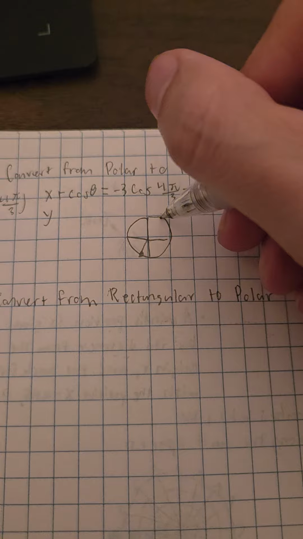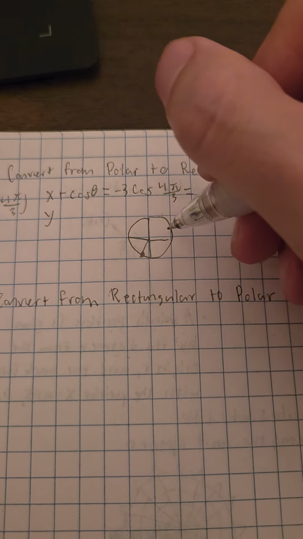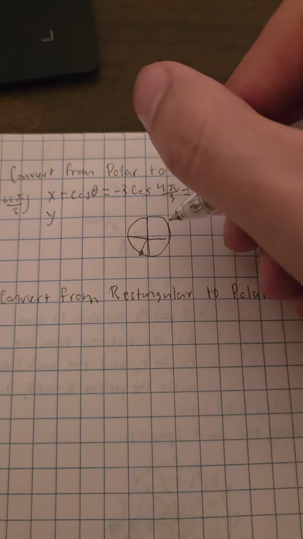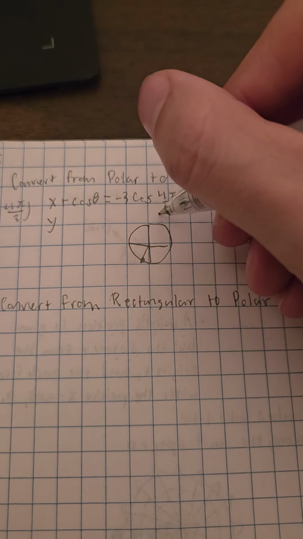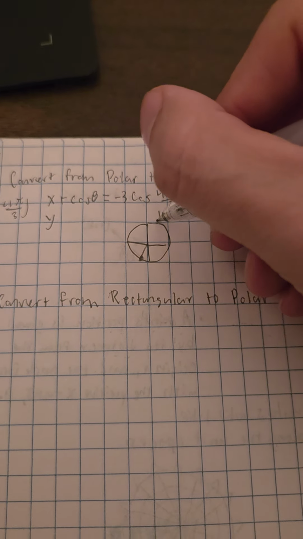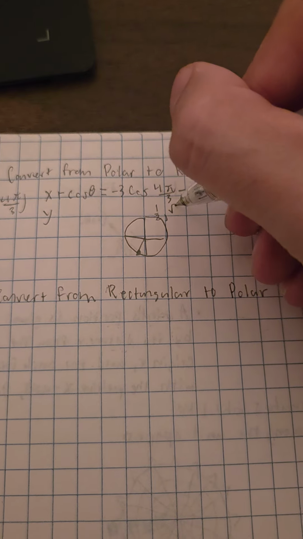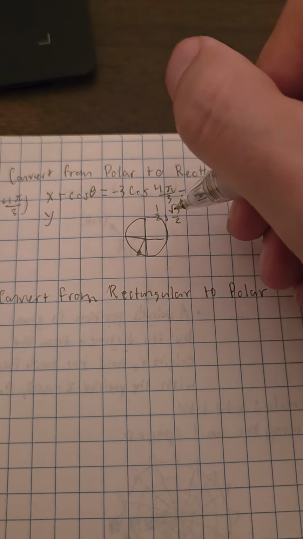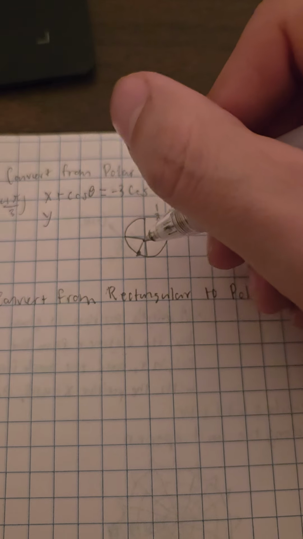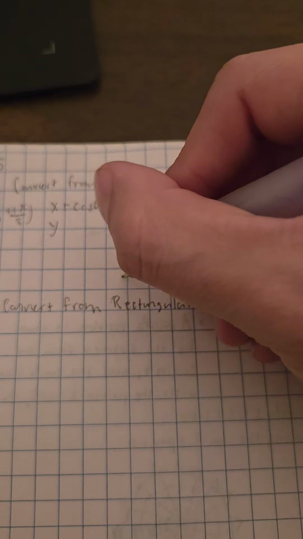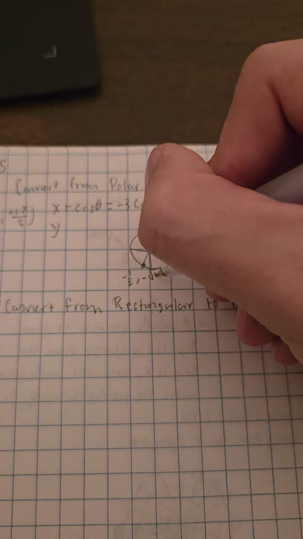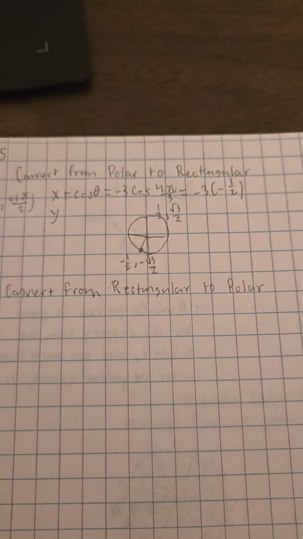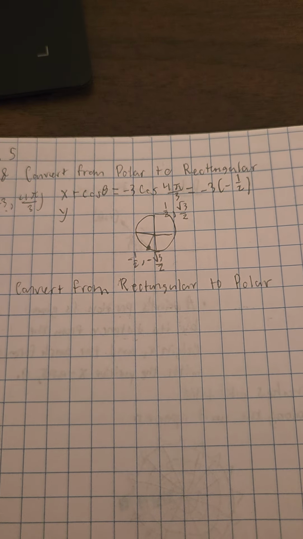If we think about pi over 3, it should just be both are negative. So pi over 3 would be 1 over 2 comma radical 3 over 2. And so it'll just be the same, but with the negative sign. So negative 1 over 2 comma negative radical 3 over 2. And that'll be 4 pi over 3.